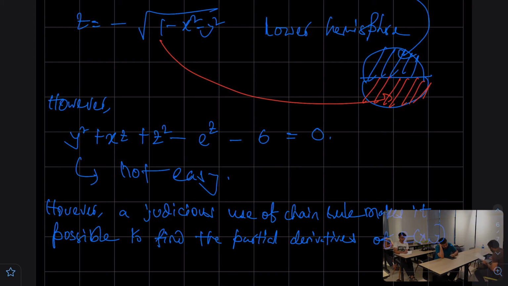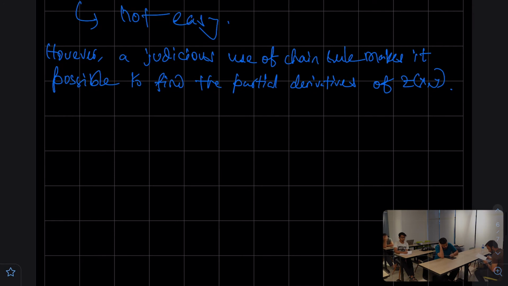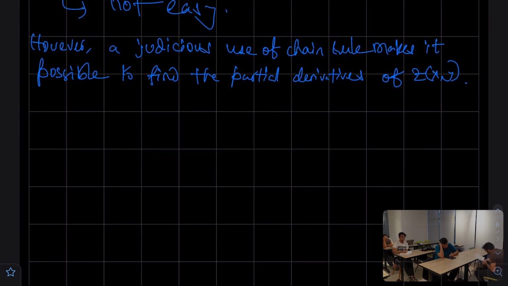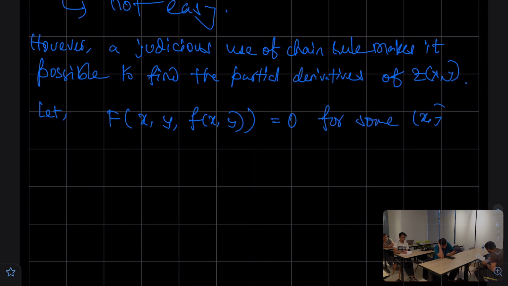Okay, good. So with this motivation, let's begin this journey. So let f(x, y) be some function of x, y equal to 0, for some x, y representing a surface. Okay.